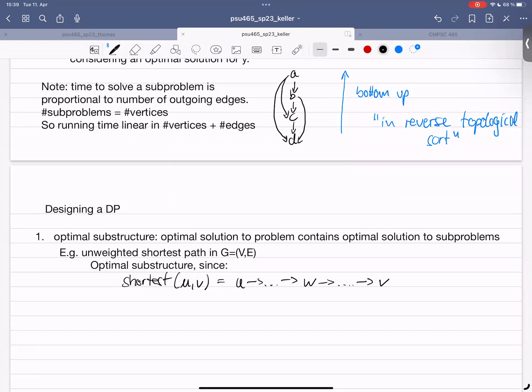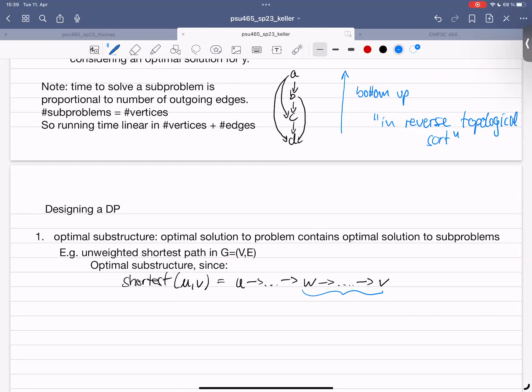And then essentially we have to look at these paths, for example, from W to V. And what optimal substructure means is that the shortest path from U to V must include also the shortest path from W to V in this case.